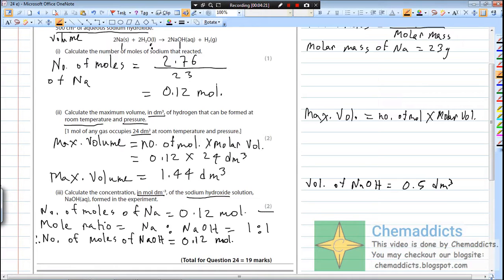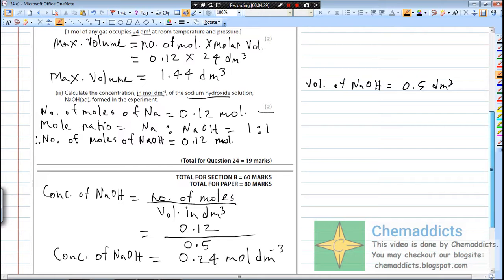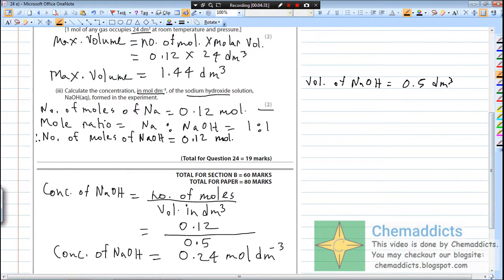For the sake of understanding, I have written it here, but you don't need to write it. You just use this formula: concentration of sodium hydroxide is equal to number of moles divided by volume, in mole per dm cube. Here, this is mole and this is dm cube, and you get this.